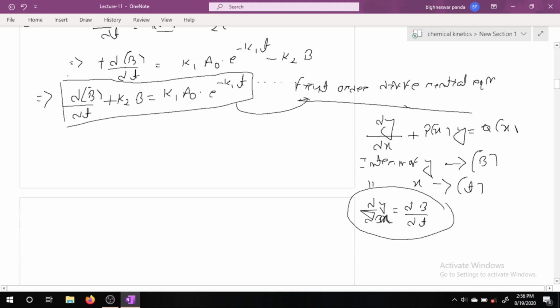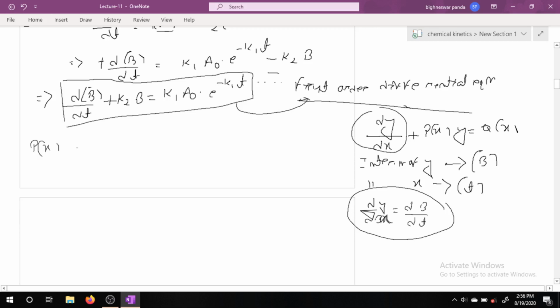Here dB by dt is put in terms of dy by dx.